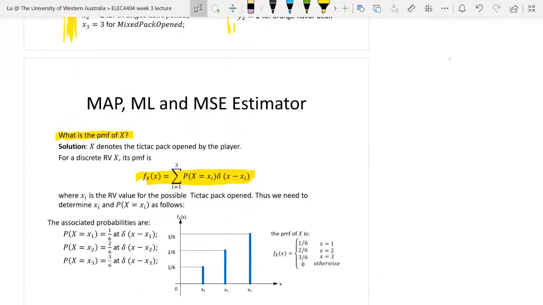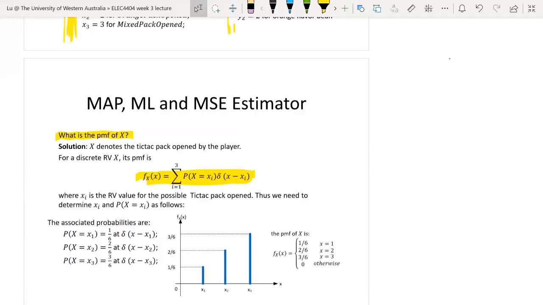Okay, and keep going inside of the summation. The capital P is the probability, and then x equal to xi. This is indicating, okay, what is the probability I open the orange box or the green box or the mixed box? So this is used to indicate this probability, and multiplied by the delta function. This is very general.